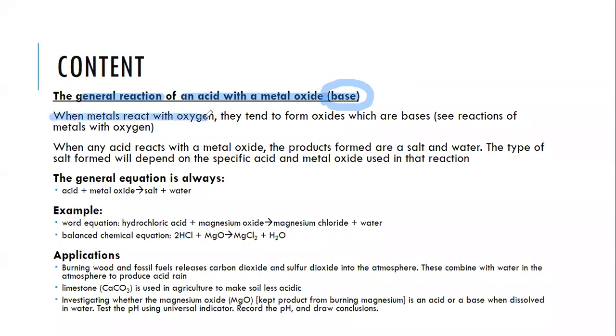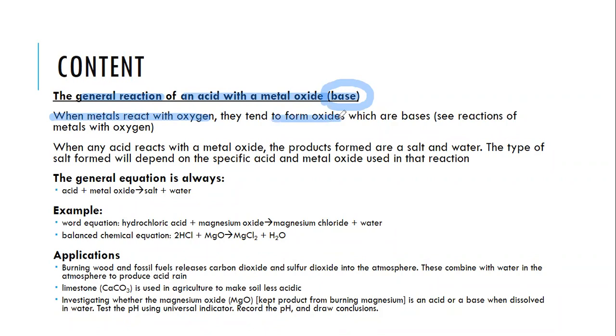When a metal reacts with oxygen, that's what we discussed in the previous classes. When you burn a metal, you see different flames, and then ashes come out. Those ashes, or the gas coming out, are what we call metal oxides. When metals react with oxygen, they tend to form oxides.